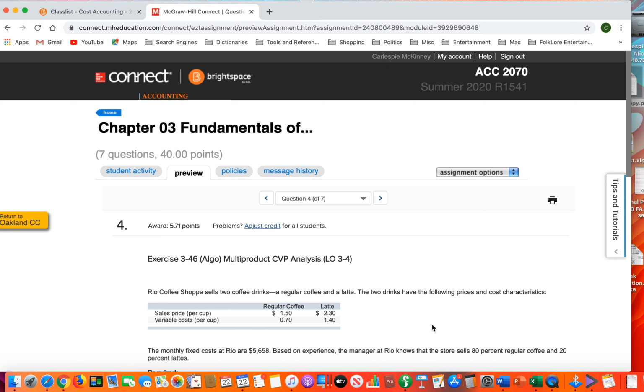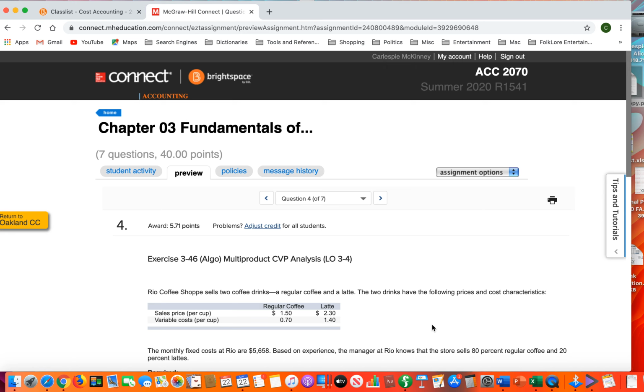Now, since it's an 80-20 split, you take the 80 cents contribution margin per unit and multiply it by 0.80, since it's 80% of the sales. And then you take the 90 cents contribution margin for latte and multiply that by 20% or 0.20.